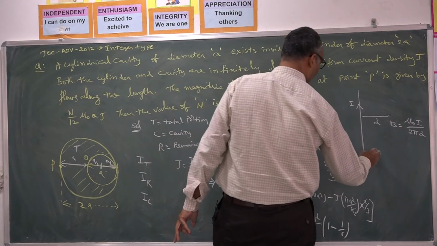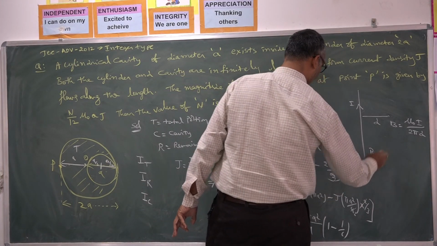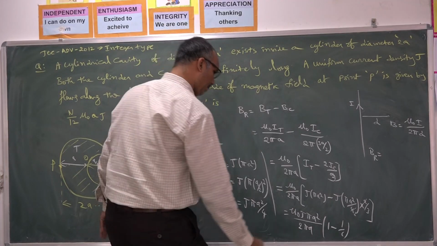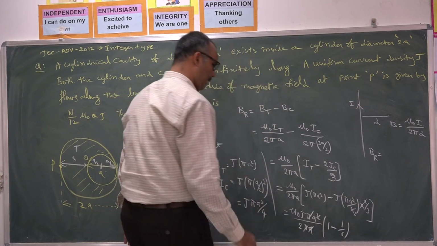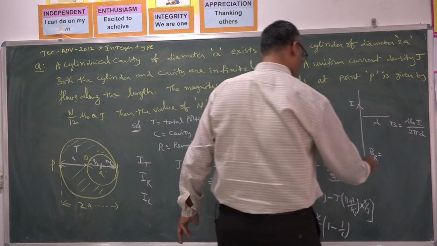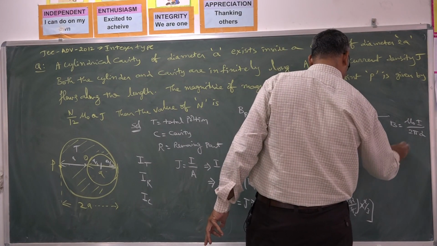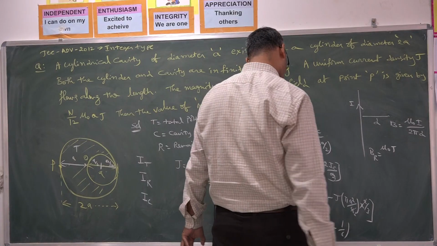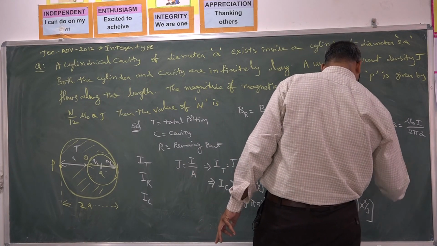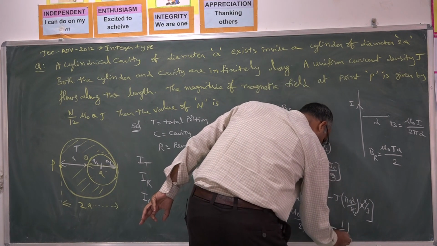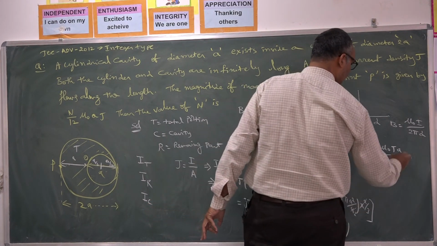So magnetic field due to the remaining portion is given by, here pi gets cancelled, A and square gets cancelled, mu naught J A by 2, 1 minus 1 by 6 means 5 by 6.